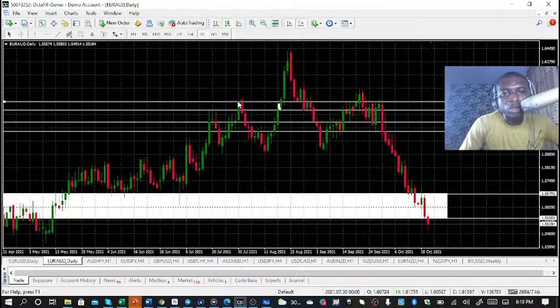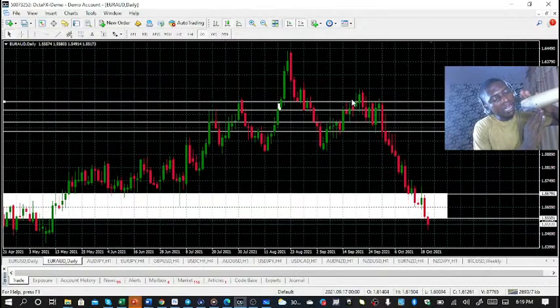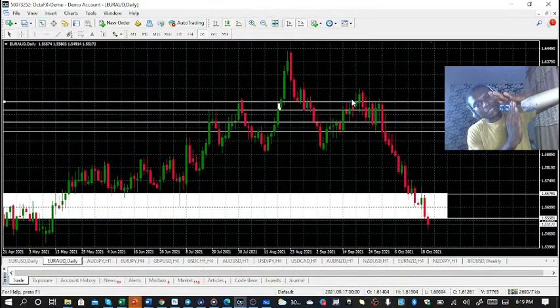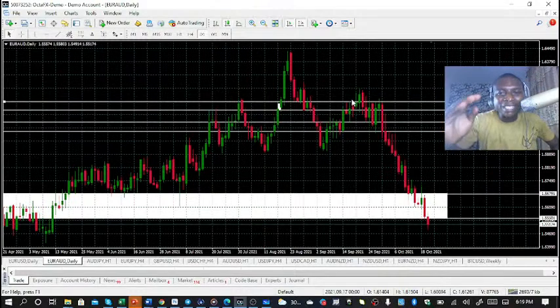You can see price coming up to this level and being rejected. It came down, went up again, broke through that level, came down again, came to test that level again, but was rejected. Now, this level has become a resistance level, a high level where price is finding it difficult to break through. Price wants to shoot up and break through it, but it's resisting the price from breaking through it. That's the resistance level.